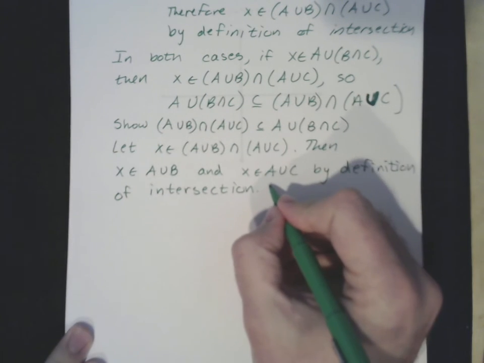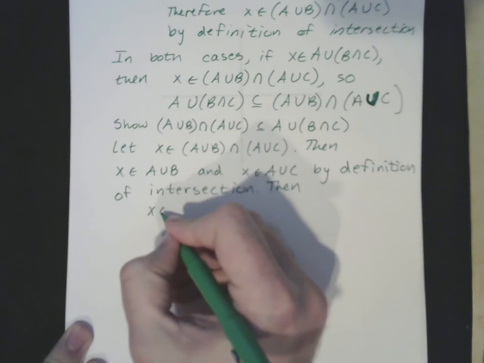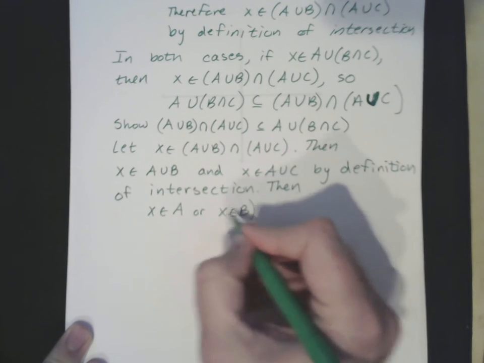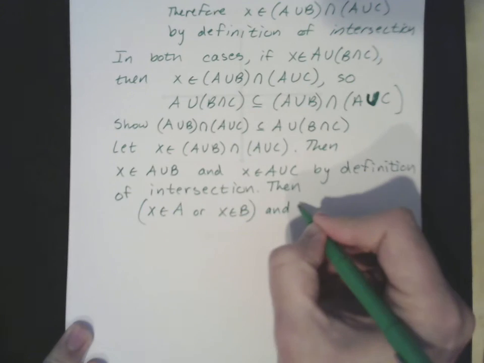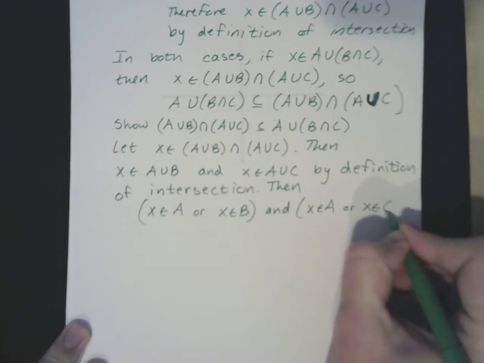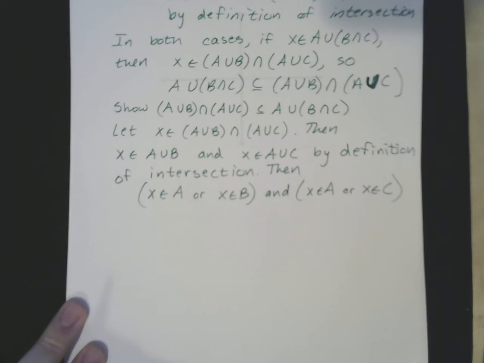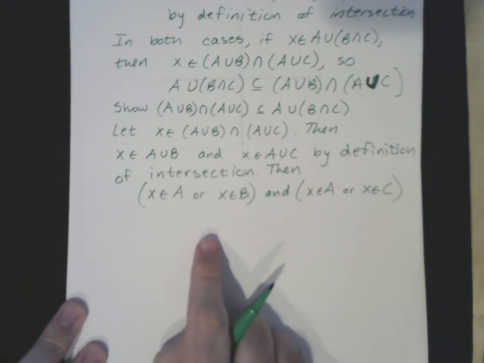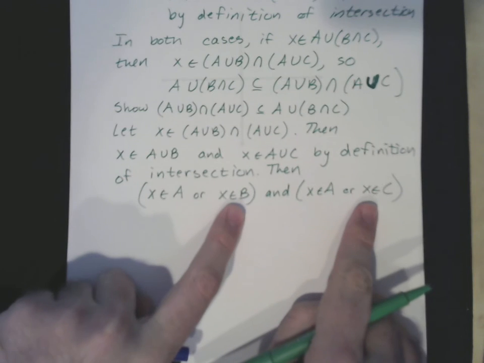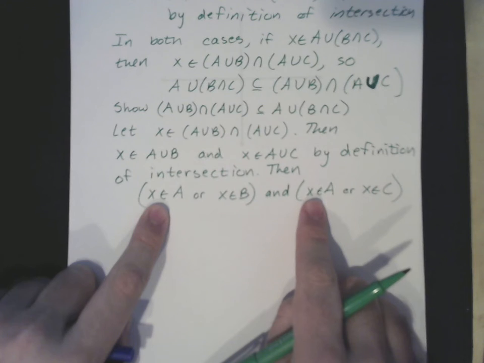So this means that X is in A or X is in B, and X is in A or X is in C. So there's a lot of combinations here, but really what this boils down to is either X is in A or X is not in A. Because if X is in A here, then X is in A here.